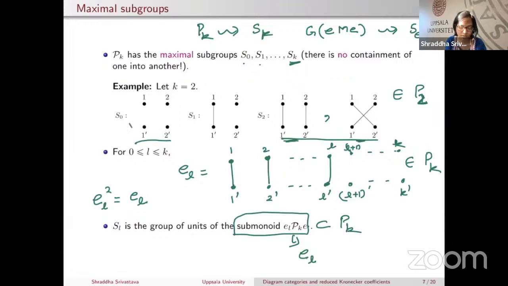It's just that the unit here is not the unit of the monoid, it's the idempotent E. So what is the order of S0? 1. But how can it not? Oh, okay, I see. Okay, thank you. So it's a group, but its identity is not contained in S. Yes, their identities are quite different. Thanks for clarifying that.